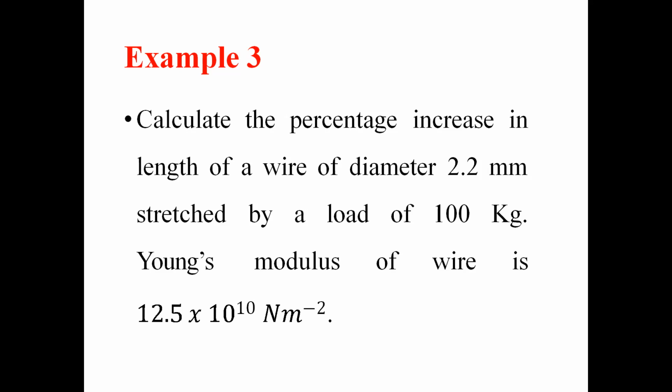To calculate the percentage increase in length of the wire, the load acting is 100 kg, the diameter of the wire is 2.2 millimeters, and the given Young's modulus is 12.5 into 10 to the power of 10 Newton per meter square.